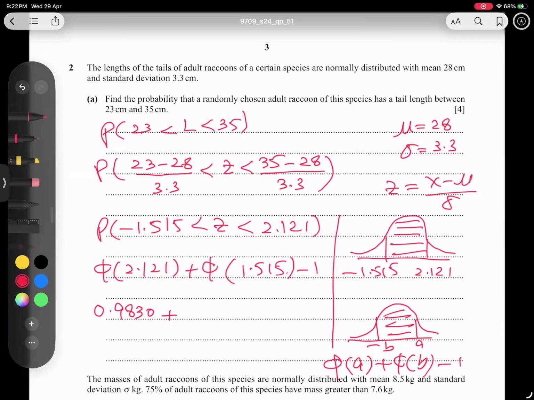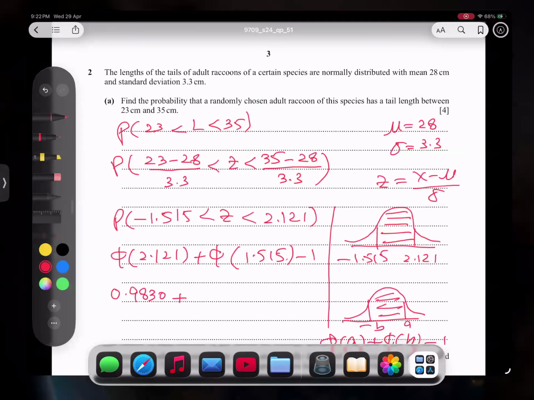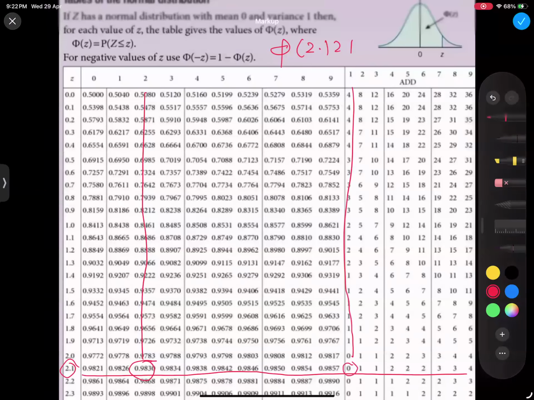So 1.515. 1.5 is on this line. So 1.51, and 1 is this number. And 1.51 and 5, we have to check it.